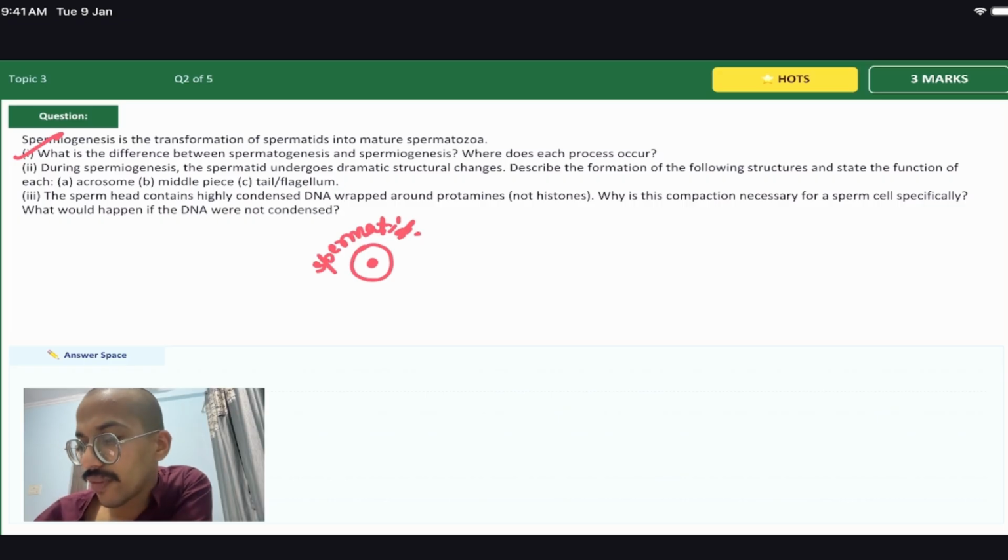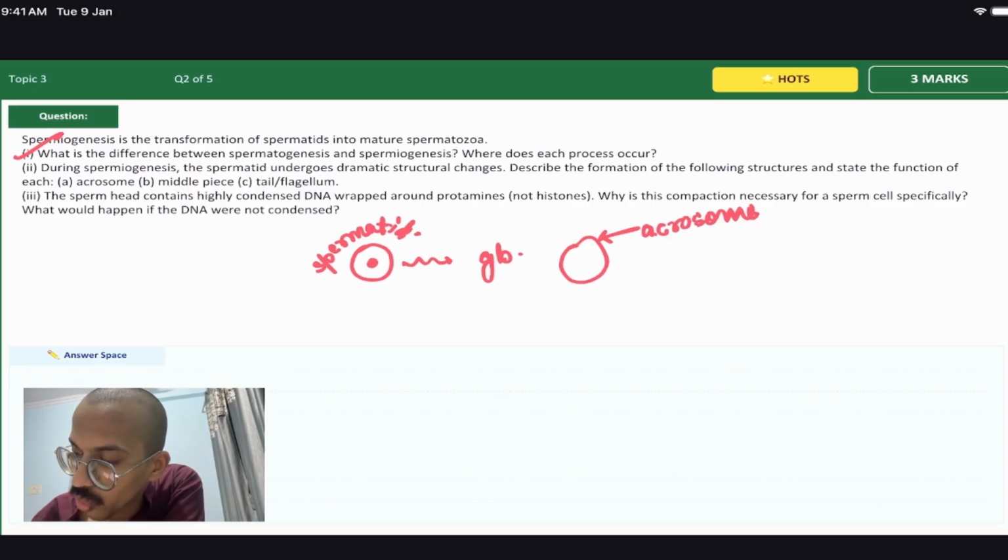Now what will happen? Its Golgi body changes into a cap-like structure, that is the acrosome. Whereas most of the cytoplasm will be left out.